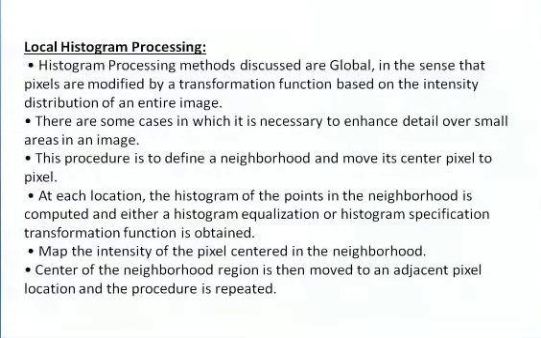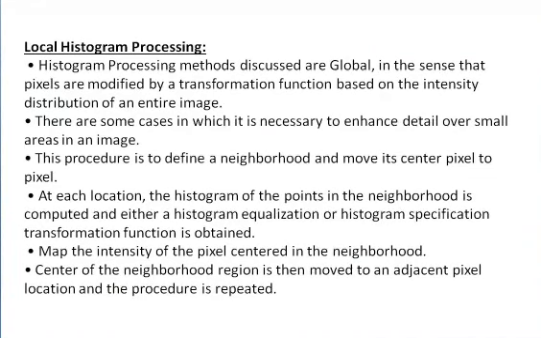But in all applications it is not the correct method. For some cases we should apply local histogram processing. That means the image is decomposed into several parts, and then you apply histogram processing on a subpart of the image. That is the intention of local histogram processing.